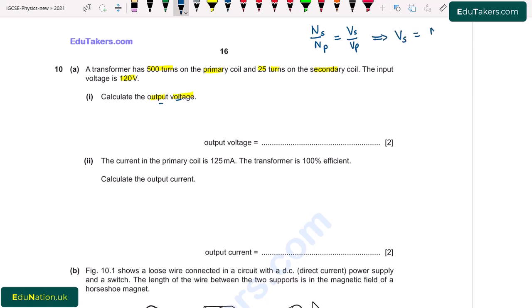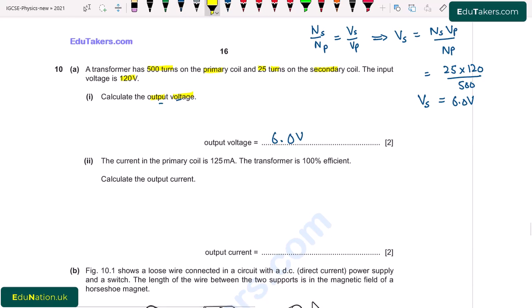It will be equal to Ns Vp over Np. So number of turns in the secondary is given 25 and the input voltage is 120 volt. And the number of turns on the primary coil is 500. So the output voltage comes to be 6.0 volt. I write here output voltage is equal to 6.0 volt.